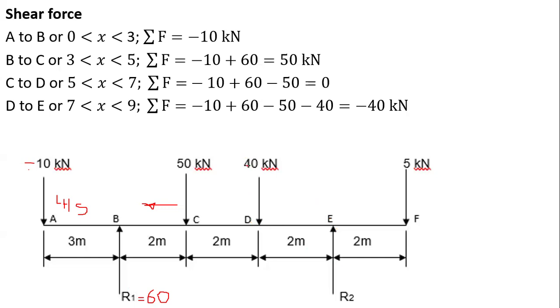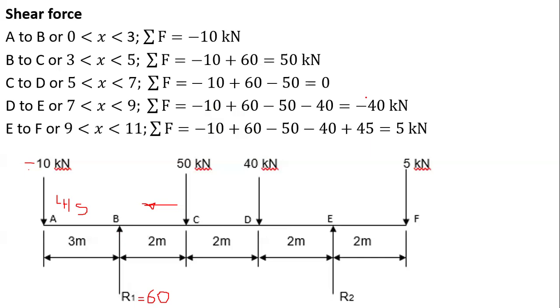So I have negative 40 because it's acting downwards. Negative 50, also downwards. I have positive 60 because it's an upwards force. Then also there is negative 10. That's how I'm going to proceed to add them. Negative 10 plus 60 minus 50 minus 40. And my answer is negative 40.